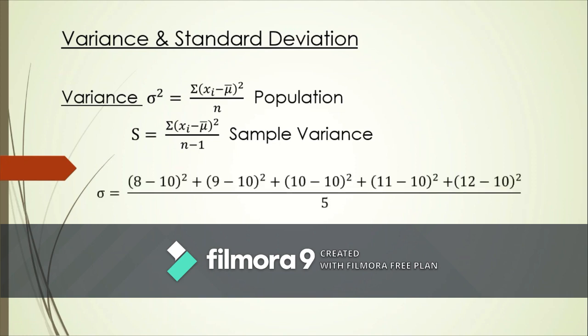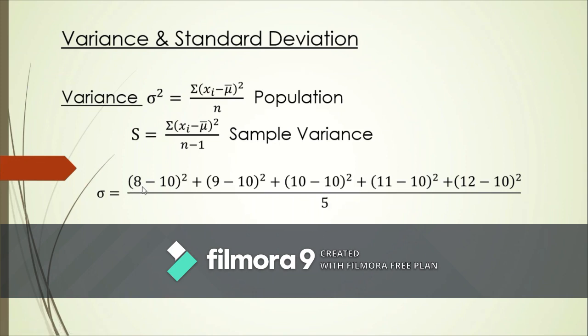So, the first one is, we have 8 minus 10, which is the mean, then we square the terms. We have the second one, then 9 minus 10 squared, and so on. And we all divided by the number of data, which is 5.